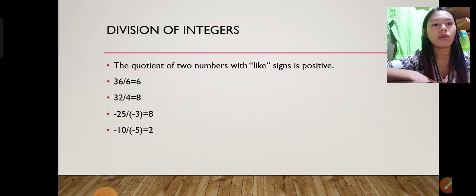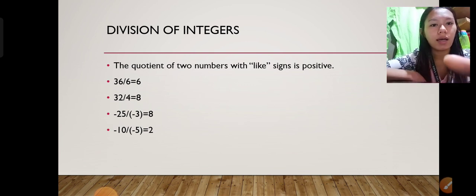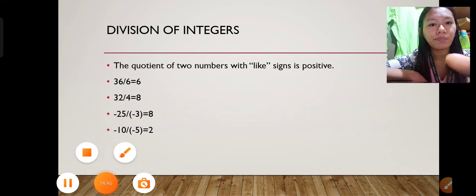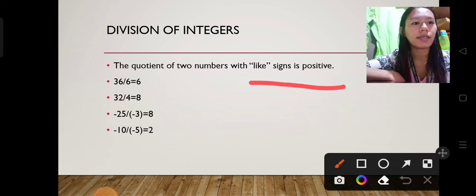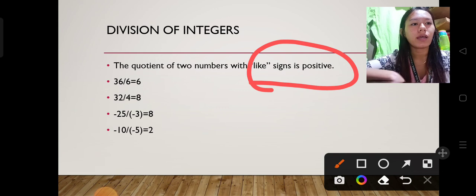Okay. Next is the division of integers. The quotient of two numbers with like signs is positive. So, example number 1 is 36 divided by 6 is equal to 6. So, positive, because it says that like signs is positive. Then 32 divided by 4 is equal to 8. Okay?